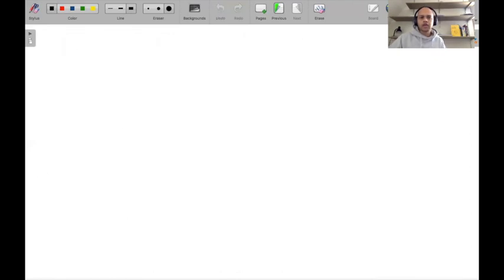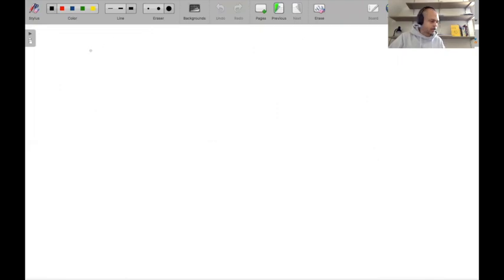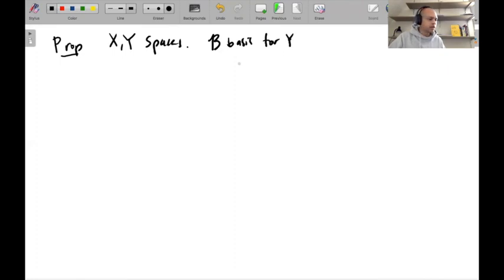Now let me give you an example of why bases are convenient to work with for proving things about a topological space. In particular, here we'll be talking about continuity. Let's take X and Y spaces, and let's assume we have a basis B for the topology on Y. That's the setup.